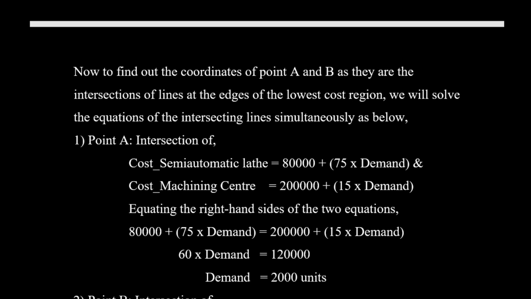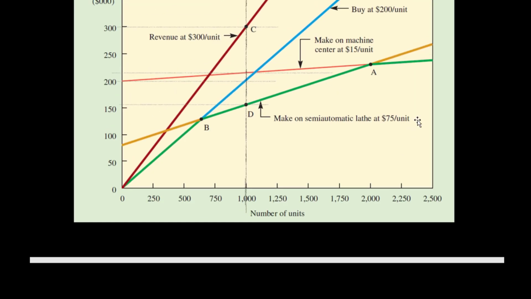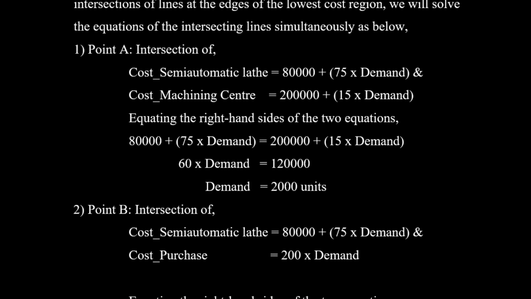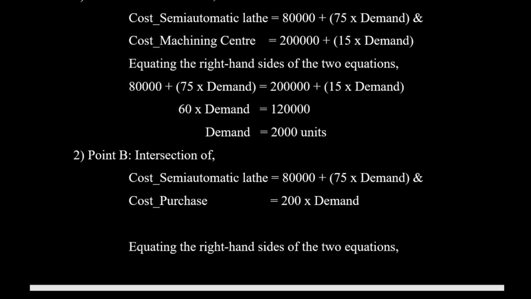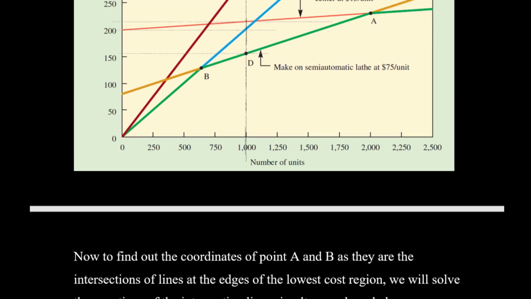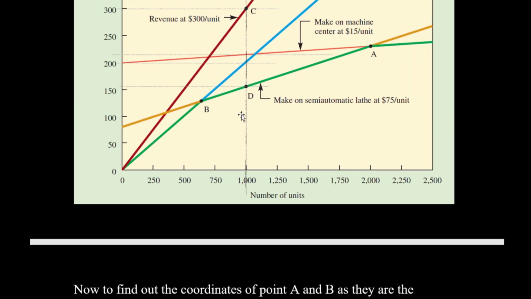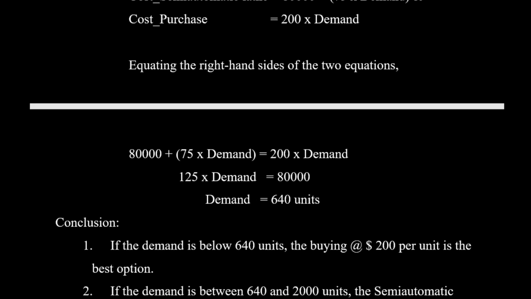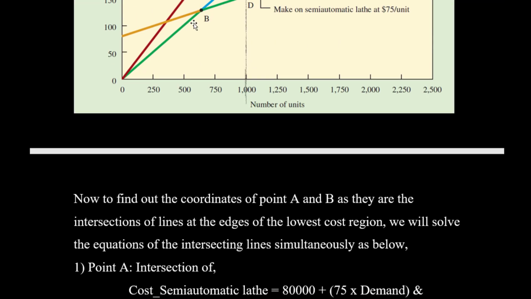If you equate the right hand sides and solve for the demand, you will get 2000 units. So this point A has a demand of 2000, right? Similarly, for point B, you need to solve the other two, that is purchase at 200,000, this line and this line together, and we get the demand here as 640 units. That means your B point is at 640 units, right?